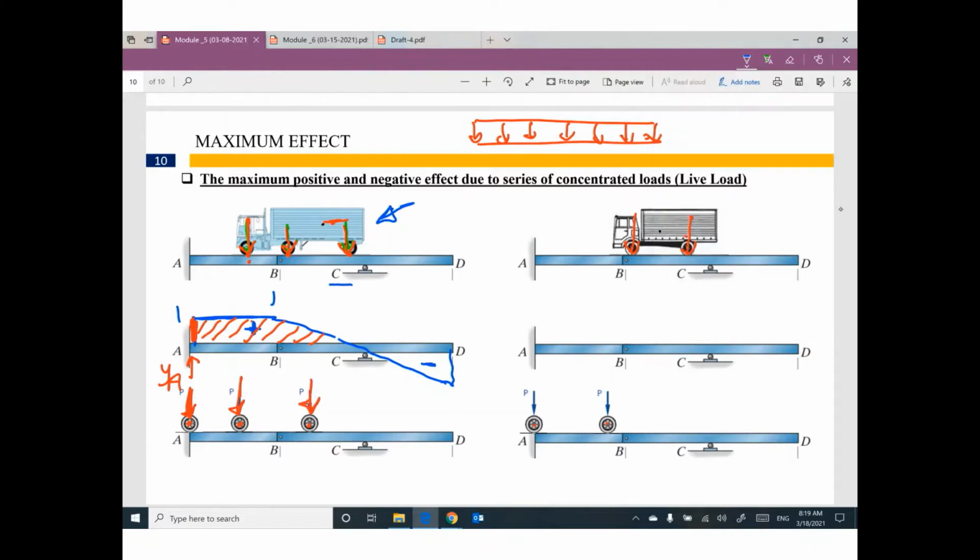Remember, keep it in your mind. The horizontal distance between these concentrated forces is known and constant. I cannot change the distance between this point and this point because I have to follow the dimension of this truck. So if you put the first concentrated load here, it will be multiplied by this value. If you put this concentrated load here, it will be multiplied by this value. If you put this concentrated load here, it will be multiplied by this value.